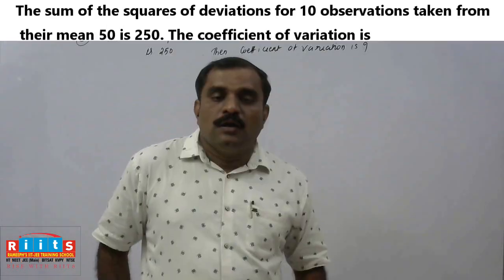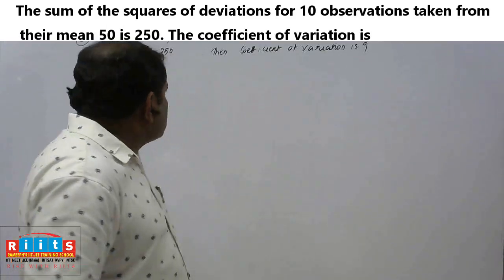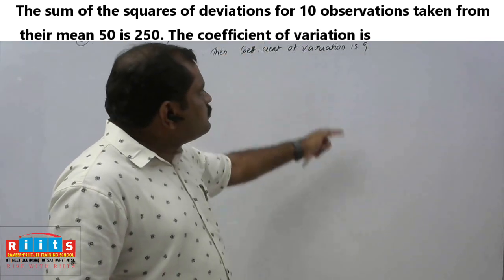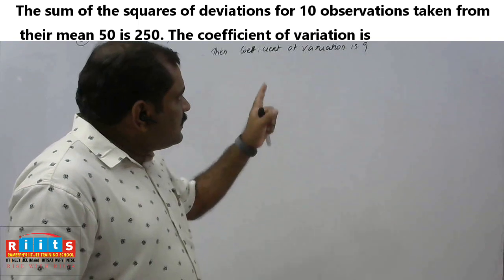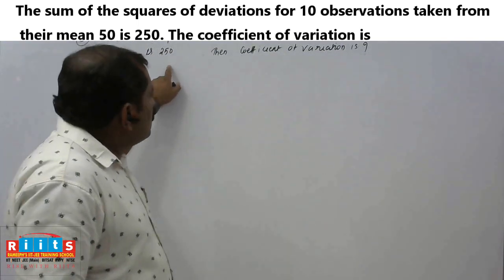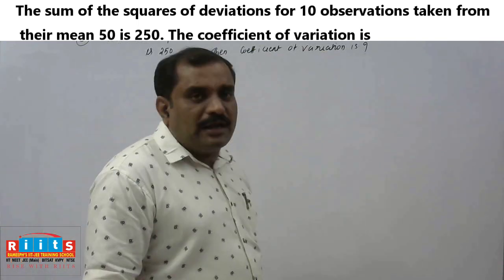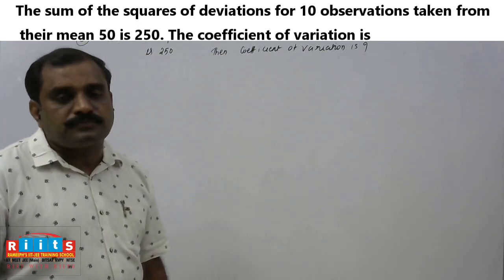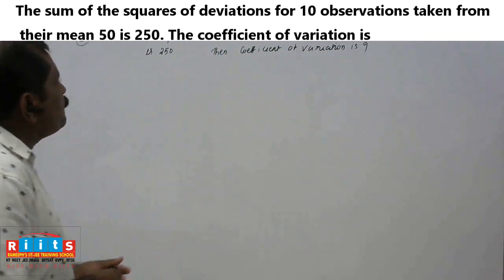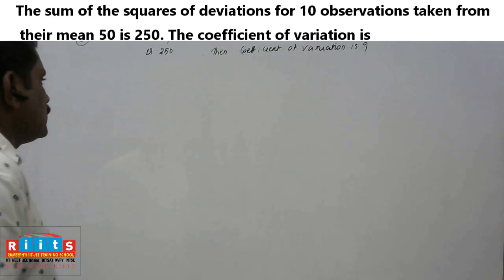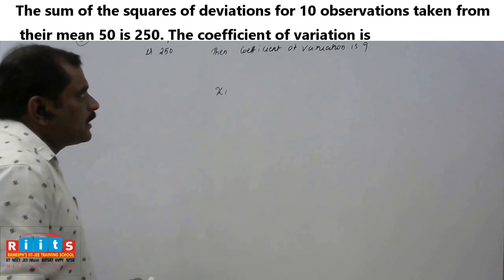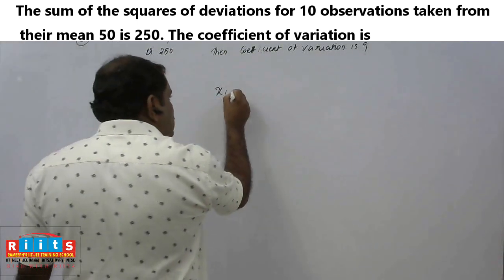Okay students, our next question is, the sum of squares of deviation for 10 observations taken about their mean is 250. Then the coefficient of variation is, listen here, the sum of squares of deviation for 10 observations.